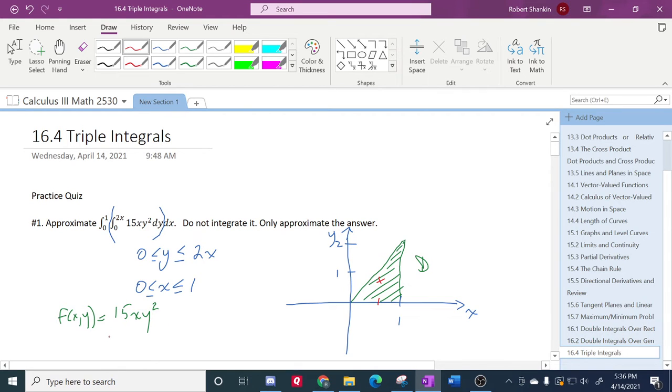And I'm going to take that x, if it's 1/2, that's 0.5. And then the height looks like maybe 0.75. I'm going to plug that in. And then that's 15 times 1/2 times 0.75 squared. And I'm going to punch that into my calculator.